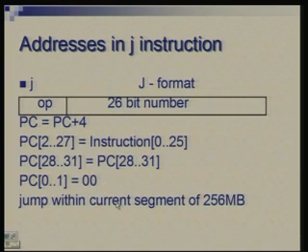Okay. What happens in a jump instruction? In jump instruction, we are specifying a 26 bit number as the destination address, but we need a full fledged 32 bit address finally before we can proceed further. So, the effect of this instruction is as follows, that once again first PC is incremented to PC plus 4, okay.